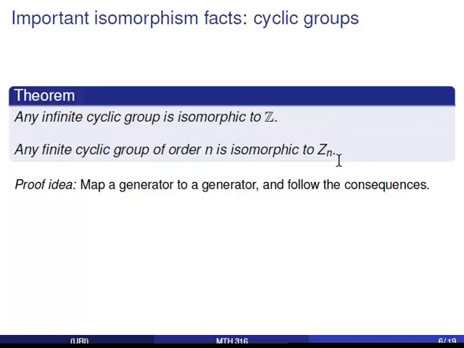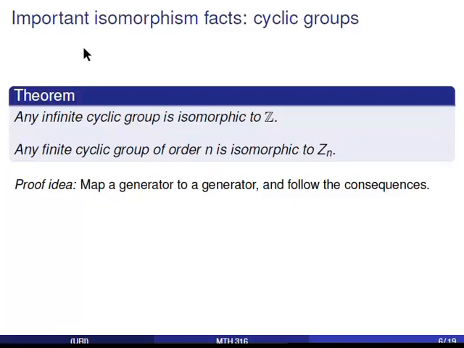You can use a map very similar to the one we just talked about for U of 7. Just take 1 in Zn and map that to a generator of the finite cyclic group. And then because you can get an isomorphism from Zn to any other cyclic group of order n, and isomorphism gives us an equivalence relation, that means that any two finite cyclic groups of order n will be isomorphic to each other as well.